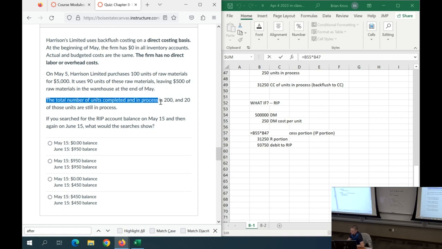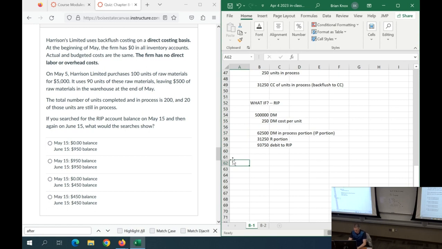Total number of units completed and in process is 200, and 20 of those units are still in process. So for June 15, we have to figure out how much was backflushed at the end of May to the RIP account. We can likely tell there's a $500 difference there. The professor's probably testing whether we're going to remember the portion of the RIP entry. It's got to be 1, but let's go through it and double check.